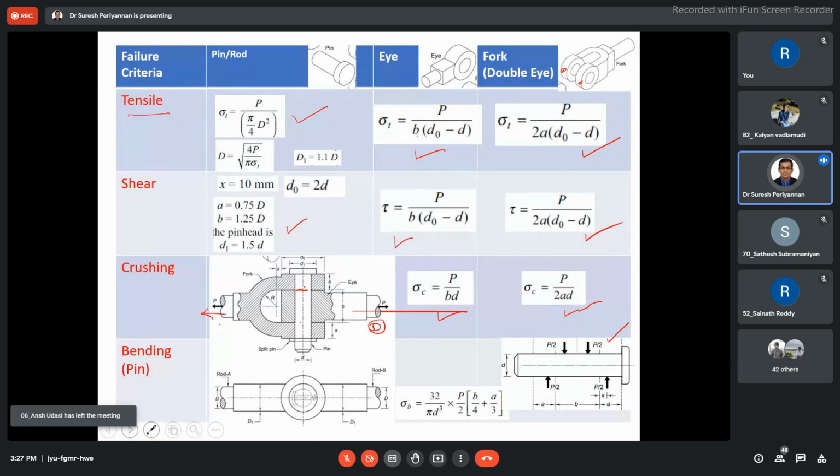Crushing failure of the pin is P by L into D, where L is the length of the pin and D is its diameter.